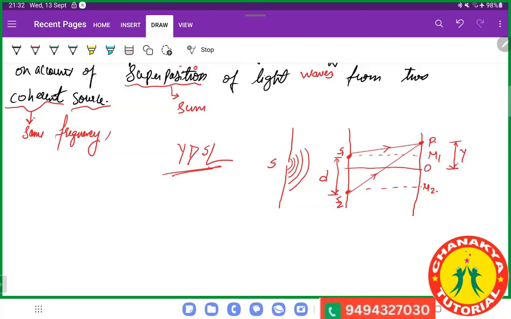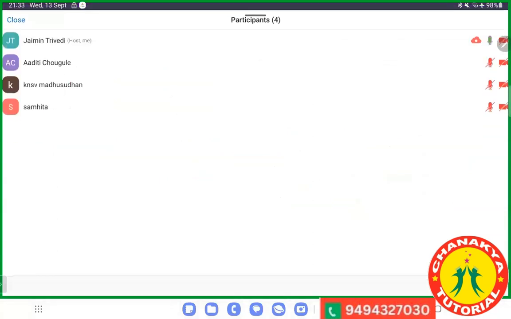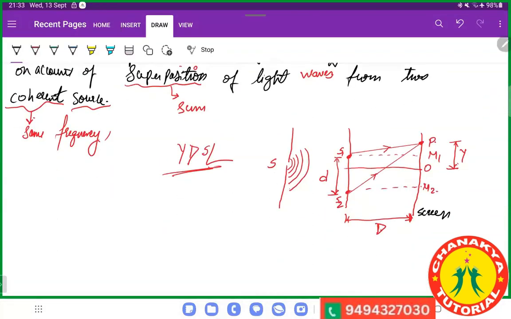Center, let's take O. And the distance between the slits is D. This is the distance of the slits. This is the distance to the screen.